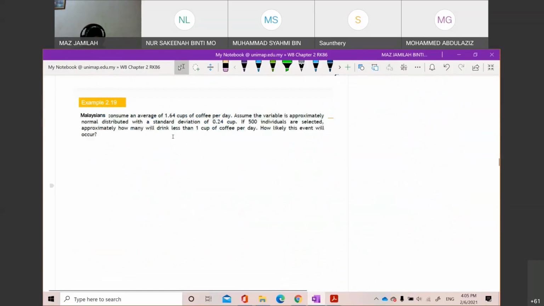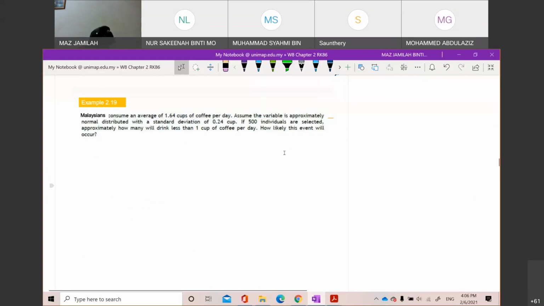Now, example 2.19, Malaysian coffee consumers. This is a good example of how a real problem becomes a standard normal problem for you to solve.